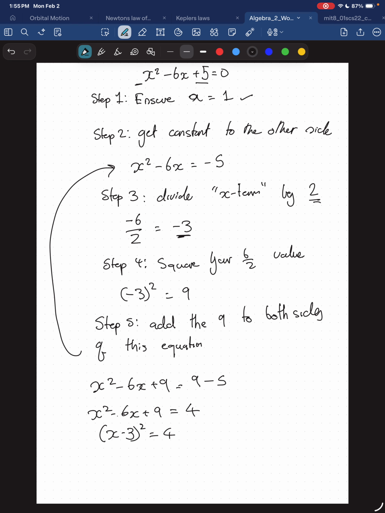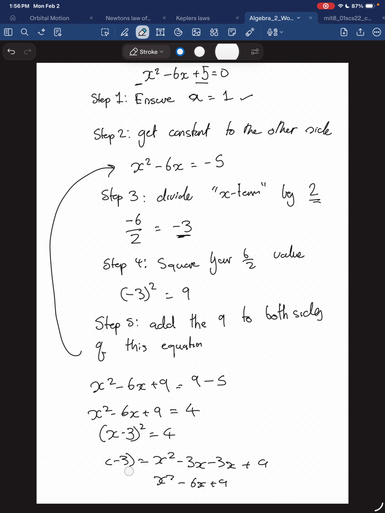This will always work. The number you get in step 3 is the one you plug in. I can show you: x minus 3 times x minus 3 is x squared minus 3x minus 3x plus 9, which is x squared minus 6x plus 9. Same equation.